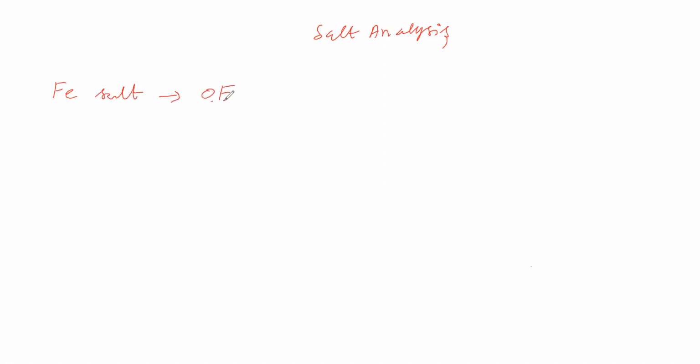In oxidizing flame, this iron salt exists in the form of ferric metaborate. In the reducing flame, iron salt exists in the form of ferrous metaborate.